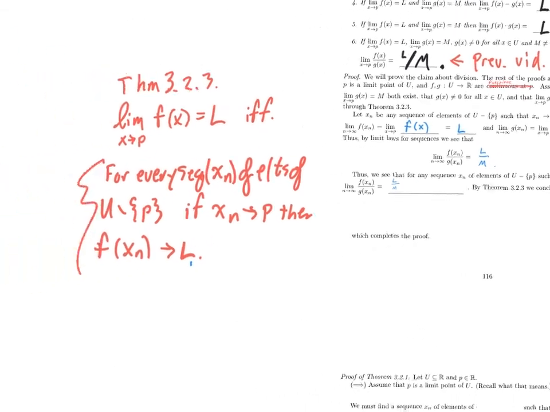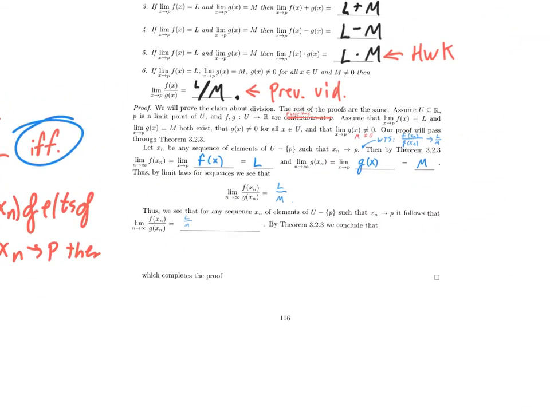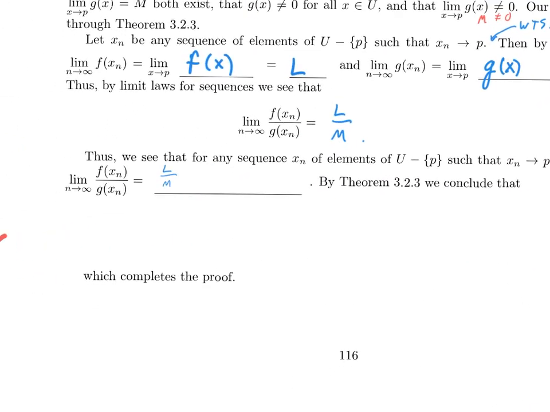So we proved that this holds for f divided by g, but theorem 3.2.3 gives us an if and only if. If the second thing is true, then the first thing should be true. So by theorem 3.2.3, we conclude that the limit as x approaches p of f of x divided by g of x is equal to L divided by m.